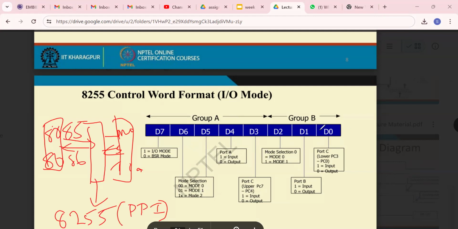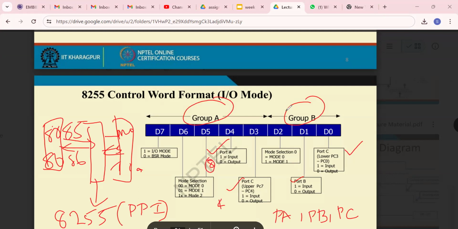Remember that group B comes under port C lower bits and port B. Group A comes under port A and port C upper. All three ports have 8 bits, so totally 24 bits.